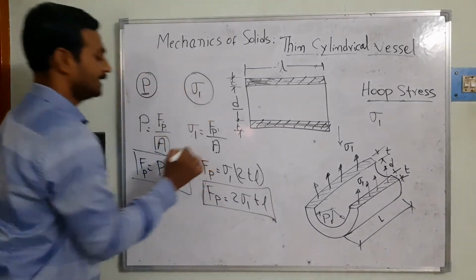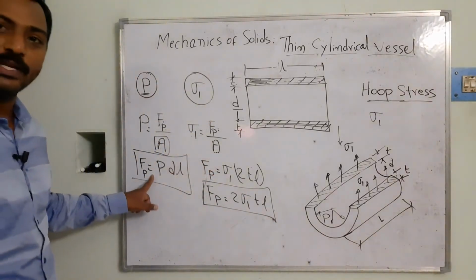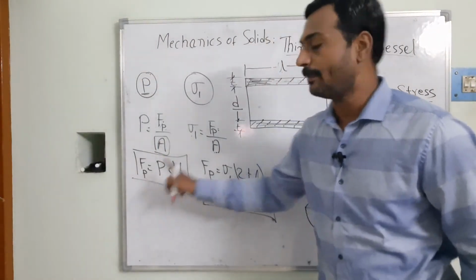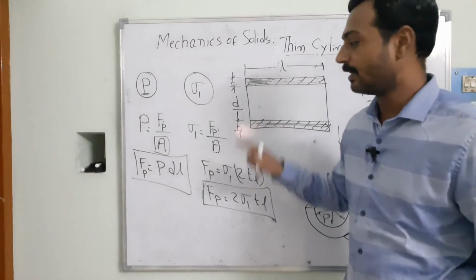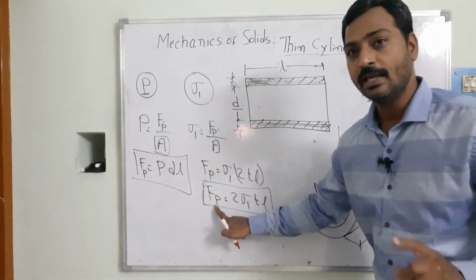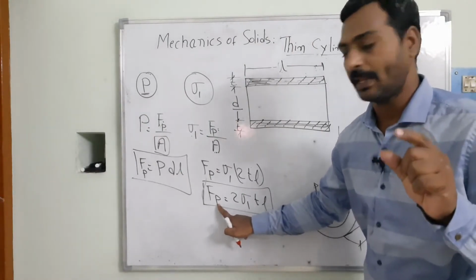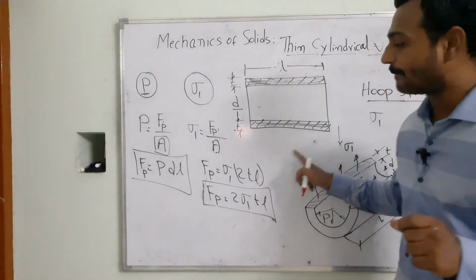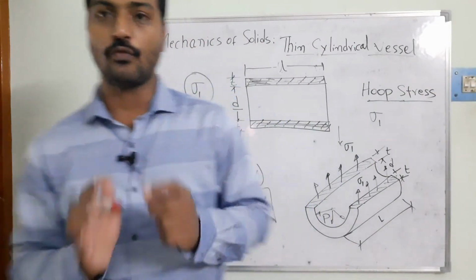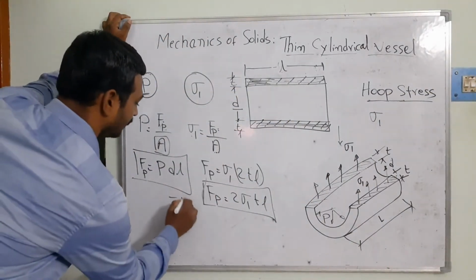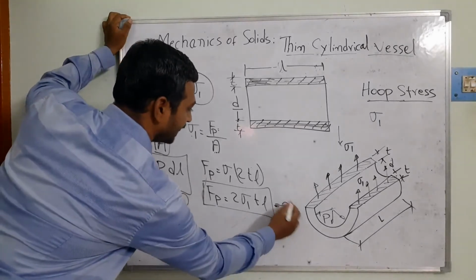So we know this stress is because of the working pressure acting on the material, and similarly Fp is the force developing inside the material. Then in the limiting case, these two forces are going to be equal. This is equation 1 and this is equation 2.